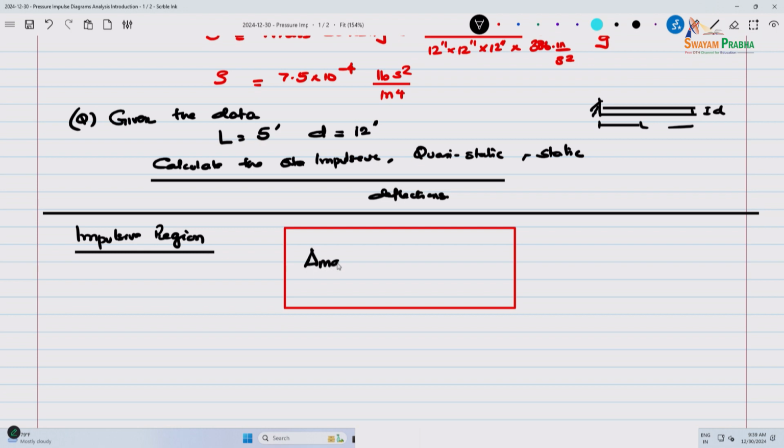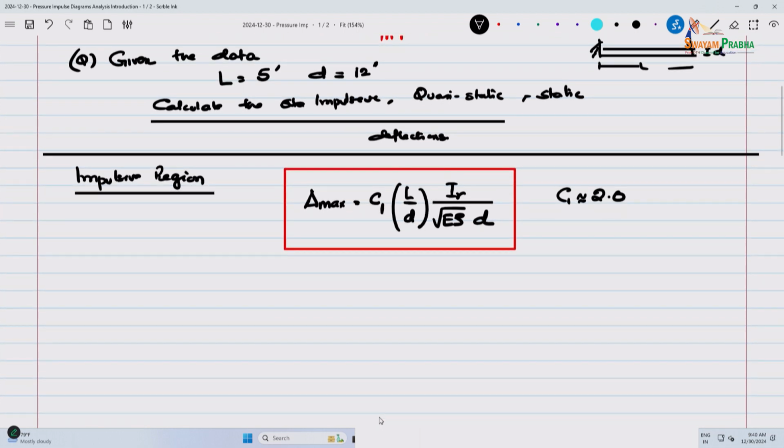So delta max is given as C1 multiplied by L over D, then IR divided by square root of E rho multiplied by D. And C1, if you consider a loading something like this, for other cases they all roughly come to around 2 plus or minus. So let us consider an average value of C1 equal to 2.0.